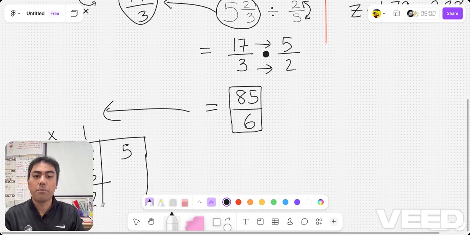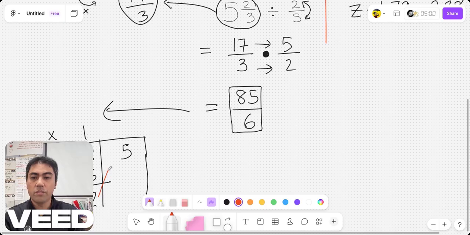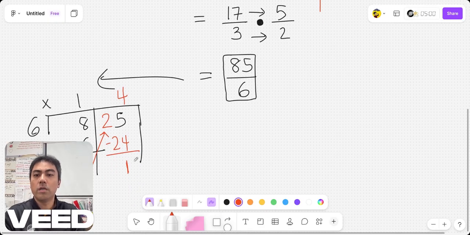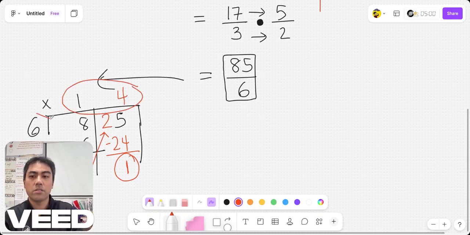Subtract. Your remainder, you can move it over to the next column. 6 goes into 25 4 times. Your final remainder is 1. And if you just want to write this as a mixed number, your final answer is 14 wholes and 1/6. Okay. 14 wholes and 1/6.